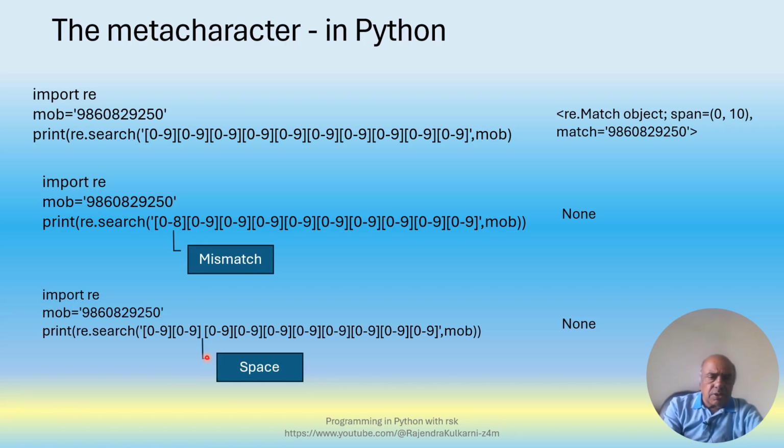Only thing is, while writing it in the Python script, inadvertently there was a space, and the output we get is None because of this space. 0 hyphen 9, 0 hyphen 9, then there is a space. Actually the space is not present in our string mob, so we get an output None.